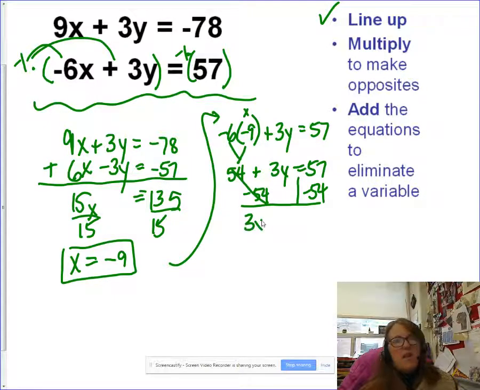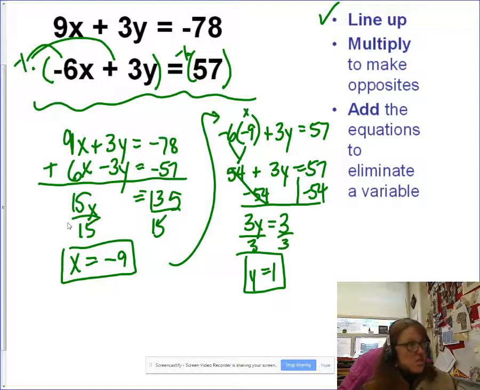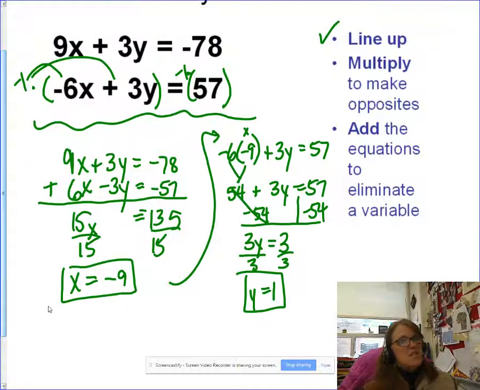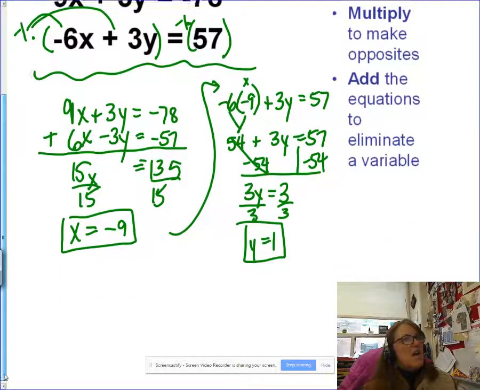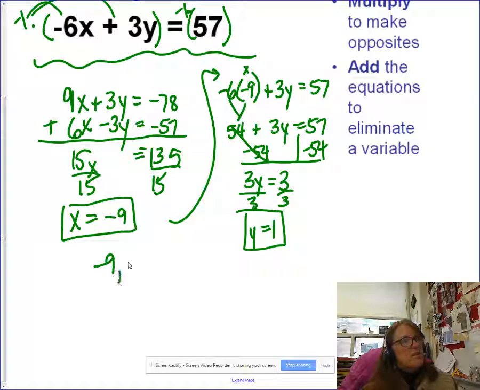That goes away. Oh goodness sakes. 3y equals 3. So when you divide, that tells me y equals +1. Seriously? Seriously? Let's check. Check and make sure. Okay? I'm saying my final answer is -9, +1.